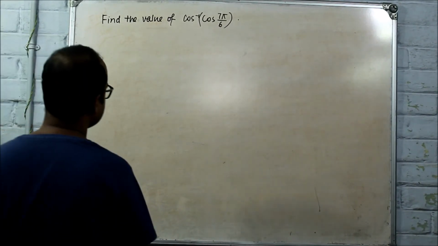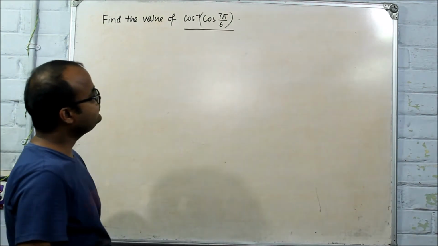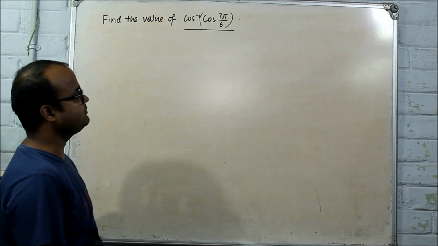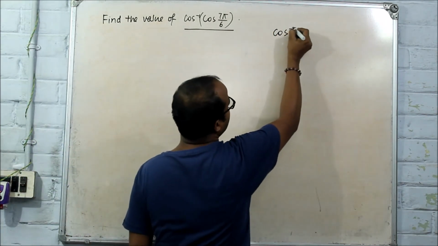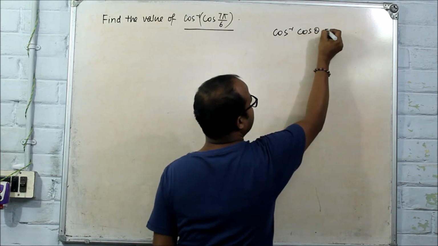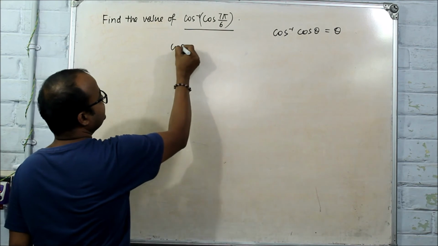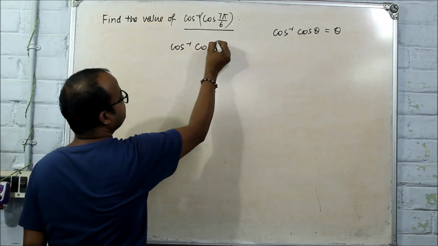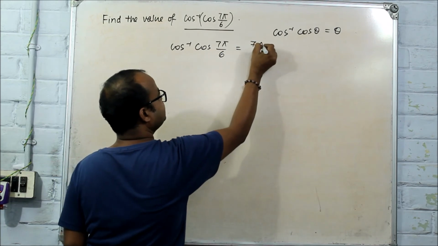Now find the value of cos inverse cos 7 pi by 6. Can we directly apply cos inverse cos theta is equal to theta? So can we say cos inverse cos 7 pi by 6 is equal to 7 pi by 6?